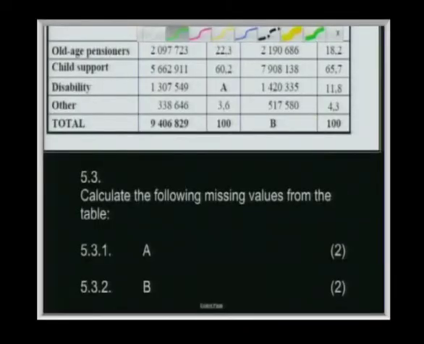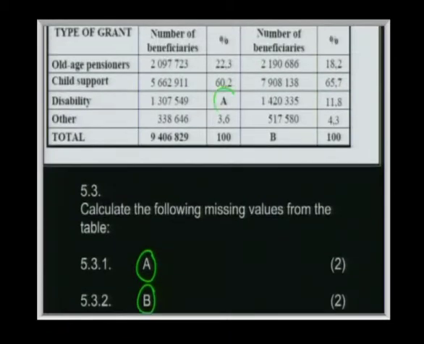Calculate the following missing values from the table. We're looking for A and we're looking for B. A is going to be a percentage and B is going to be a number like these up here. Right, in order to find out what A is, you can see that this, and this all have to add up to 100. So in order to find out what A is, we're going to just say 100 minus the three values that we've been given. So 22.3 and the 60.2 and the 3.6.